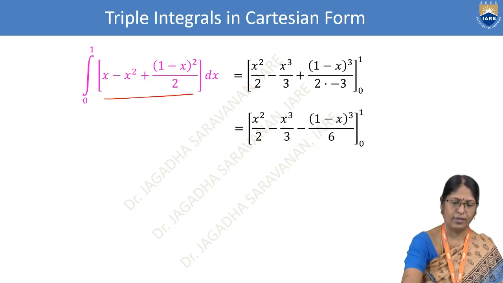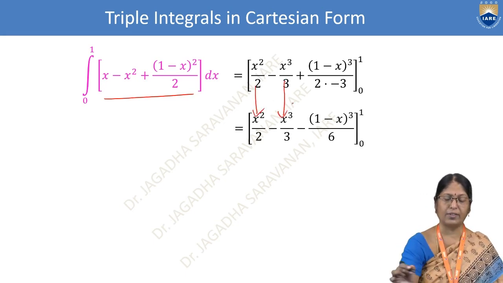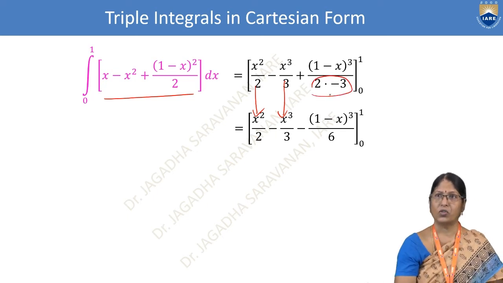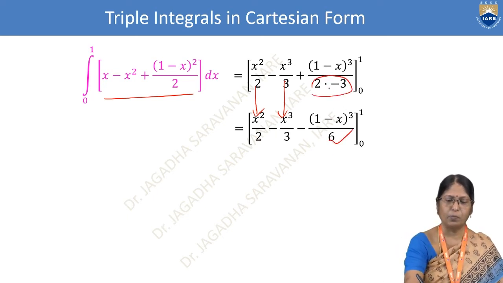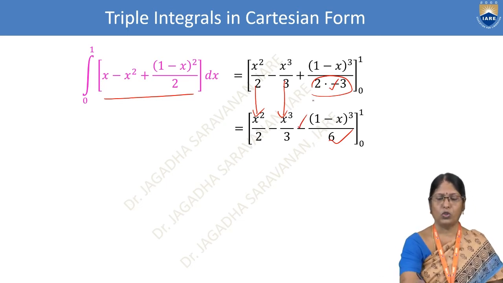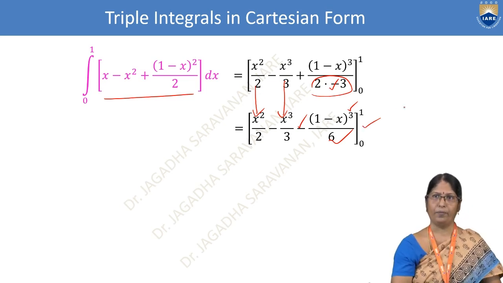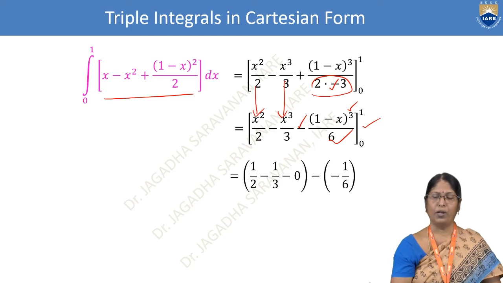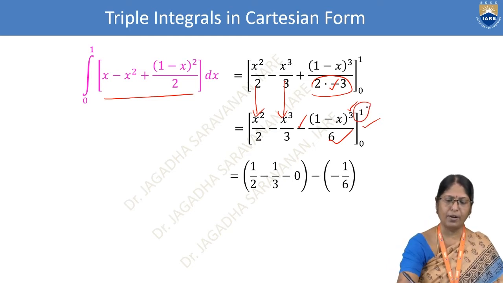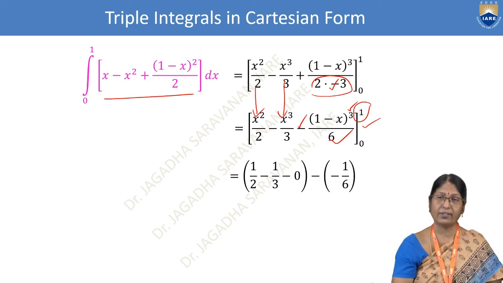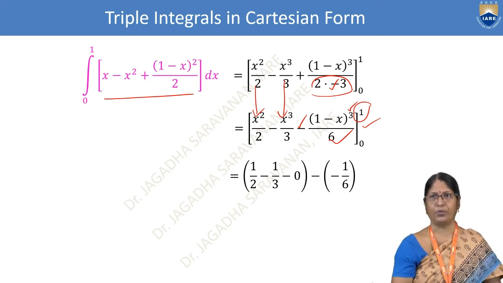The next, this as it is, this as it is. Only the simplification we did. This 2 times 3 is 6. This minus sign, we brought it up. So 1 minus x the whole cube, the limits are from 0 to 1. The upper limit, the value is 1, in the place of x we are going to substitute.